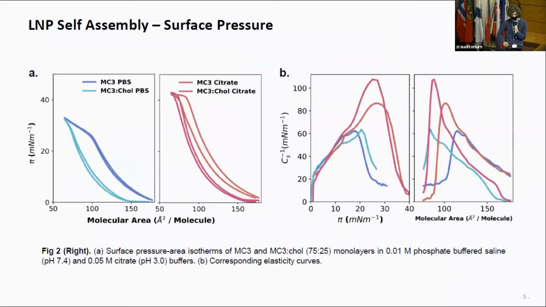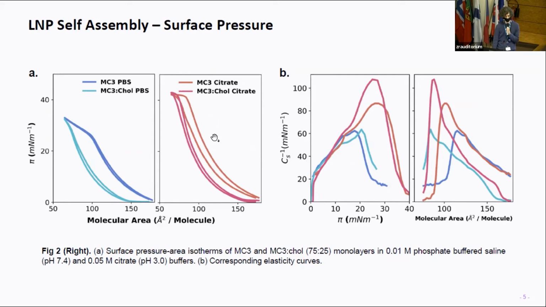So to illustrate this point again, I'm just going to take an example of surface pressure data. If you imagine the thin sheet monolayer and you compress it and then you expand it, you can tell in the difference of the pressure of this monolayer a lot about the dynamics of the system. So the main point of this slide is to show that the red data on the right here, this is at low pH.